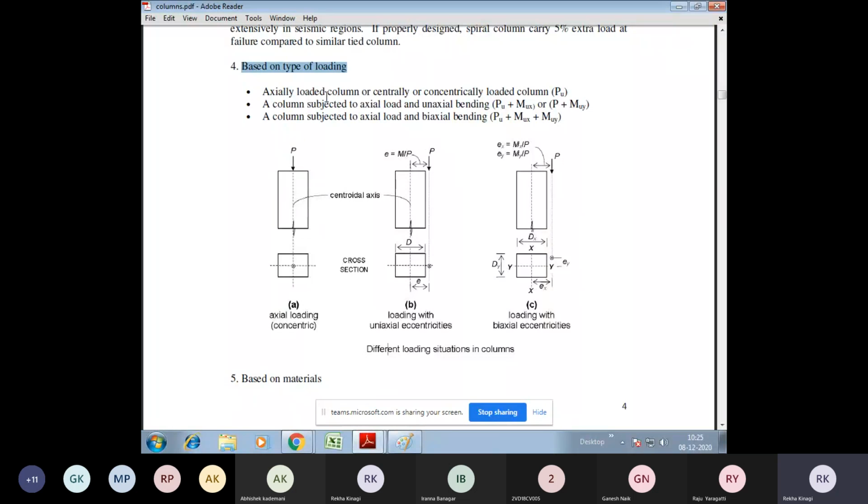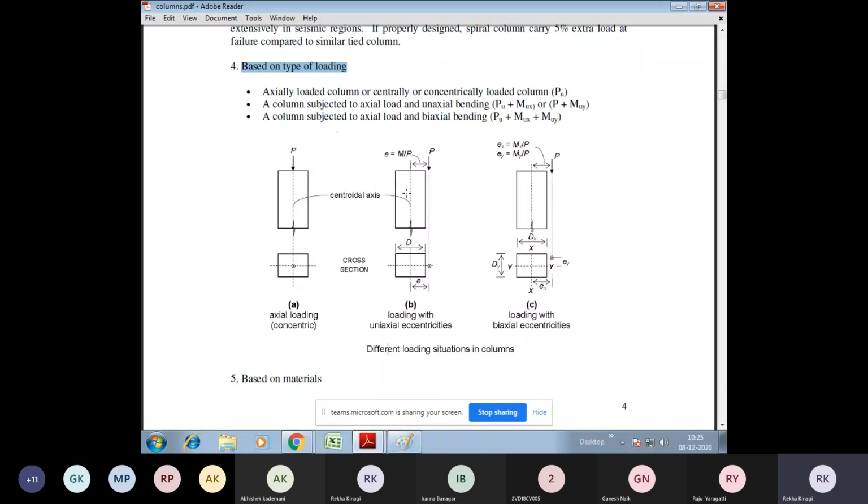See here, axially loaded column or concentrically loaded column means load is acting along the centroid of the cross section. So we can say that it is an axially loaded column.